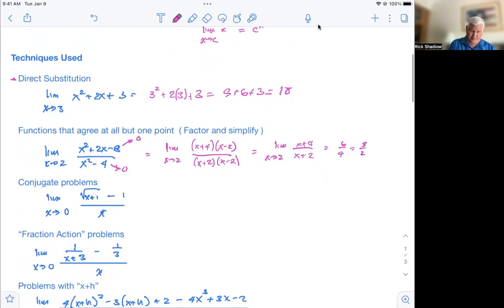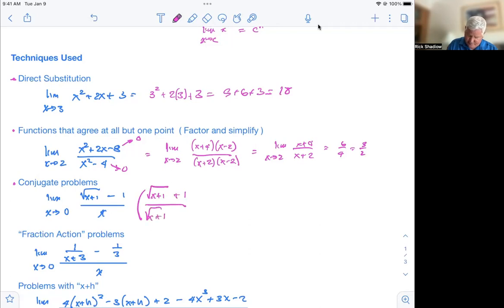So we have previously conjugated denominators when I simplified fractions. It could be either the numerator or the denominator that I actually end up conjugating here. I'm going to multiply by another name for 1: the square root of x plus 1 plus 1, the conjugate of that numerator.